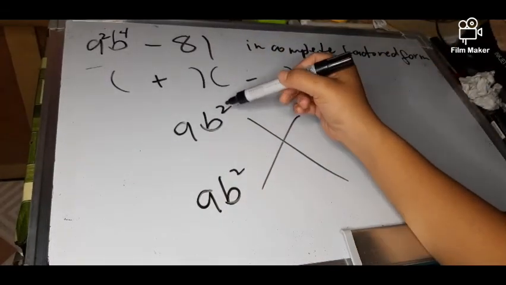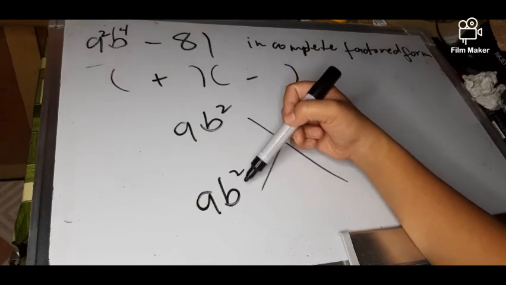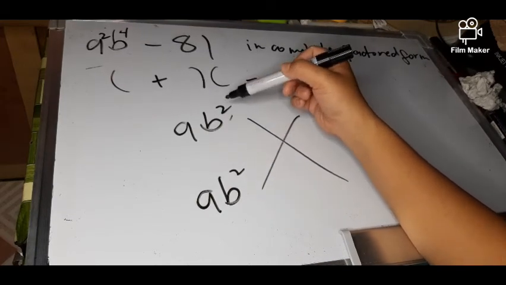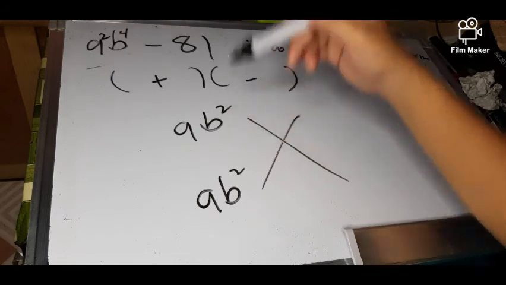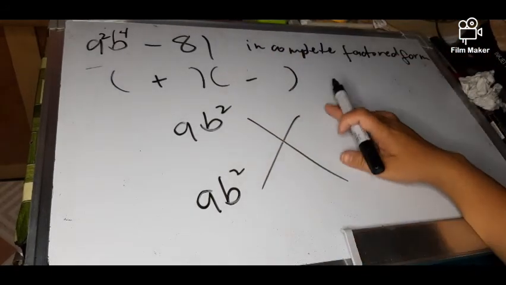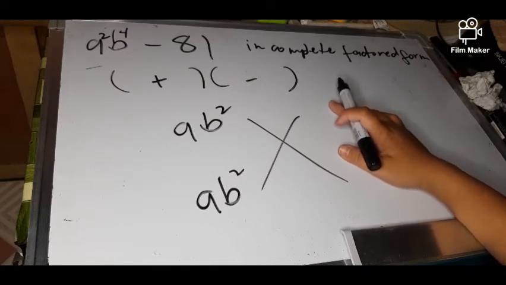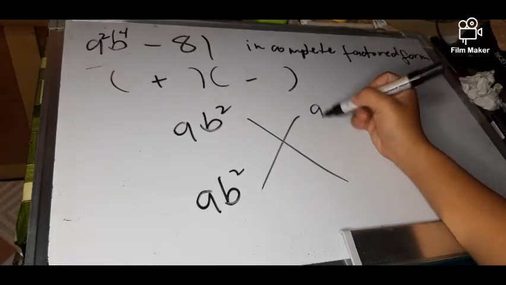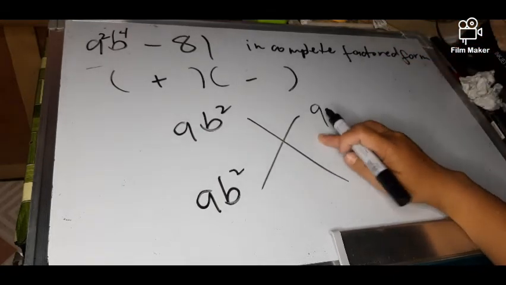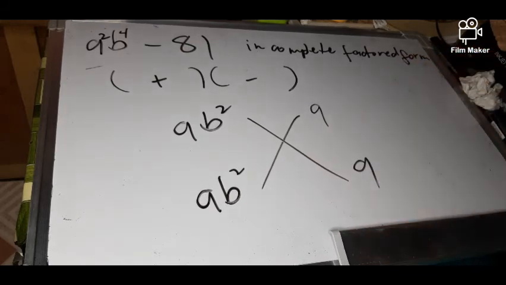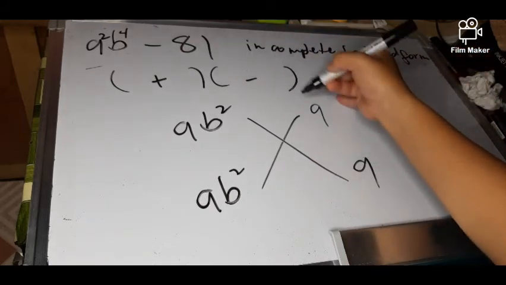So, pag meron tayong b squared times b squared, pag pinag-plus yung exponent, meron tayong b raised to 4. So, what is the square root of 81? Perfect square kasi si 81. So, ano yung square root niya? Yung factor niya, rather, para hindi tayo mahirapan, 9 at 9. Tama po?